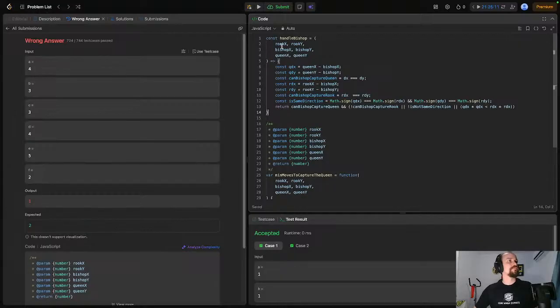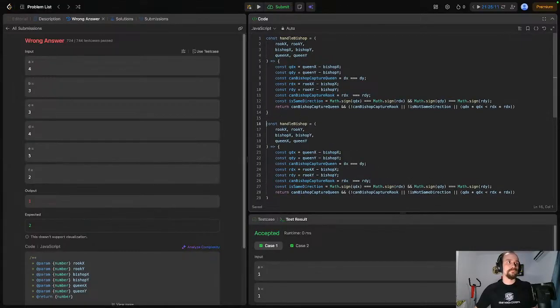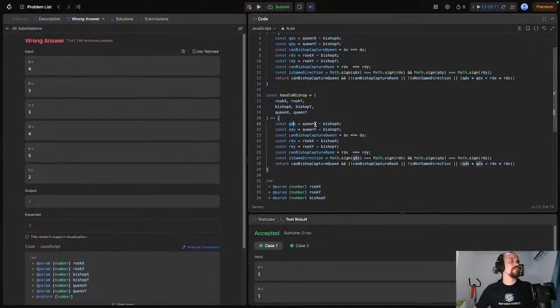Okay, so I don't think we need the differential anymore. We might. Rook X, Rook Y. This should be called handle rook.